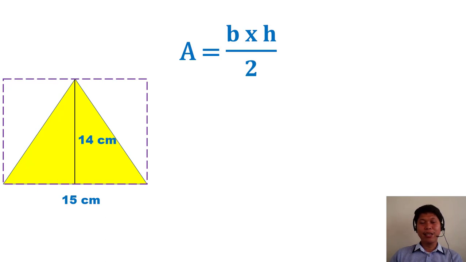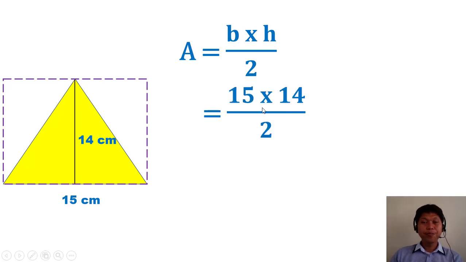This is a technique in multiplying fractions. We are going to apply cancellation. So how are we going to do this? This is 15 times 14. A while ago, we just multiplied 15 by 14, and we came up with the answer before dividing it by 2. In this case, the shortcut is we are going to divide this 14, because this is divisible by 2, because this is an even number.